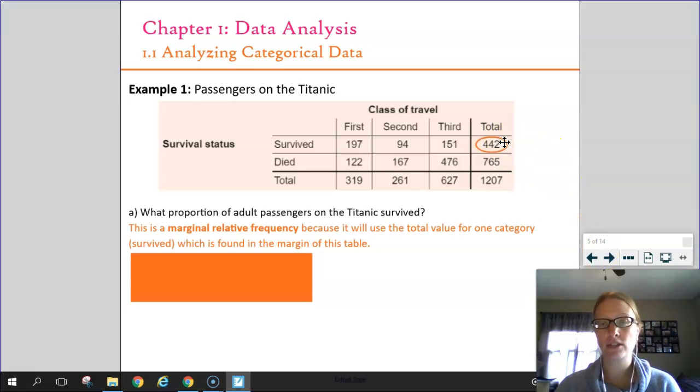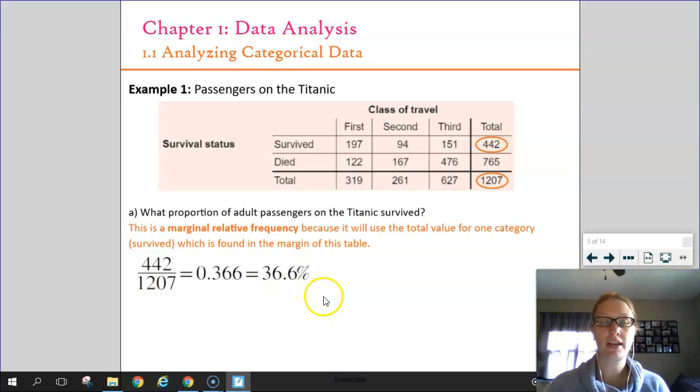So again, that's why it's called a marginal relative frequency. And when we say the proportion who survived, we want to take the number that survived out of the total passengers, which is 1,207. So 442 divided by 1,207 gives us 0.366 or 36.6% of the passengers on the Titanic survived.